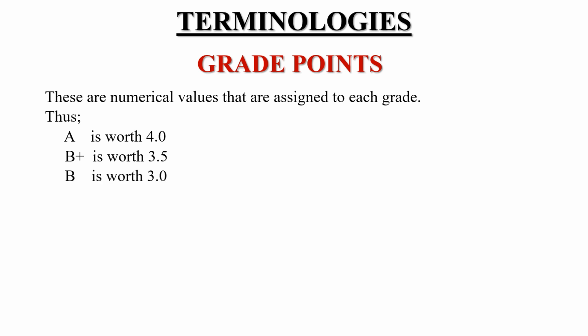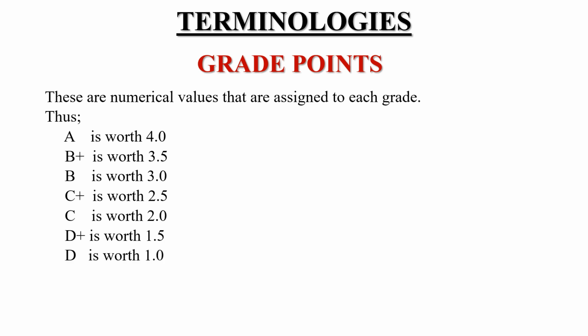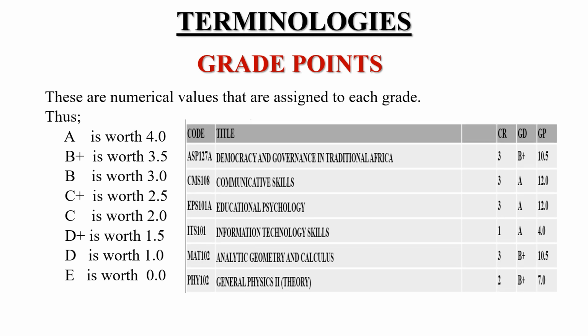When a student gets B, the value associated with the letter B is 3.0, followed by C plus, that is 2.5, up to C, that is 2.0. It goes on to D plus, that is 1.5, to D, that is 1.0, and then the last one, E, that is 0.0.